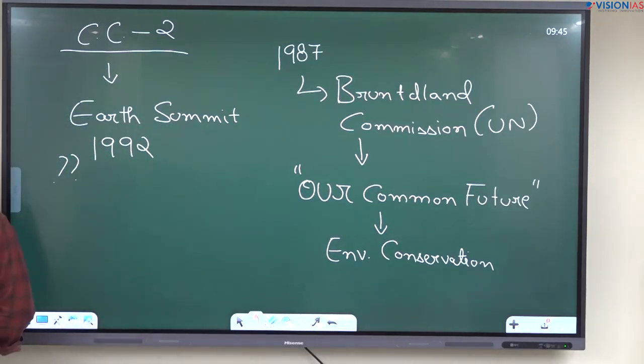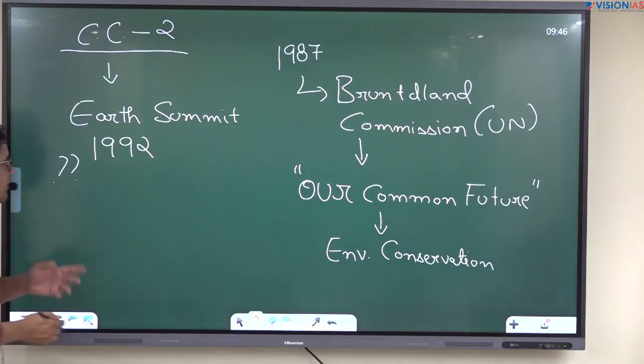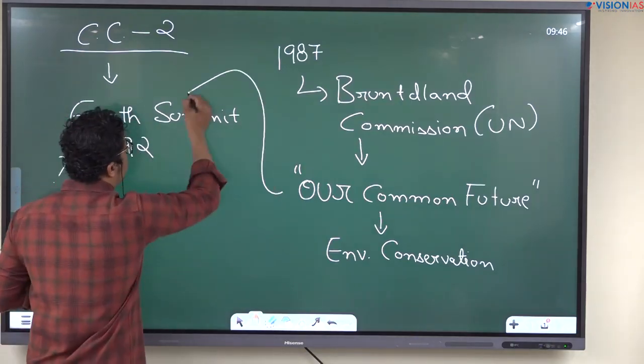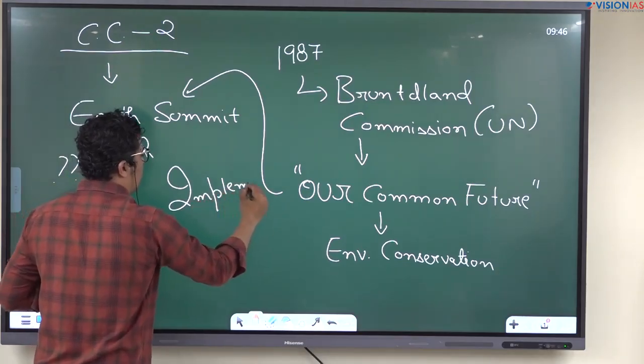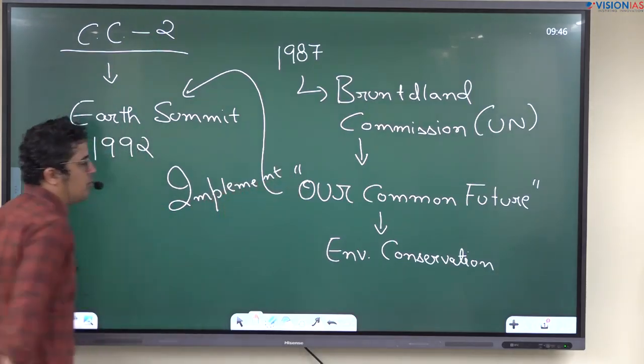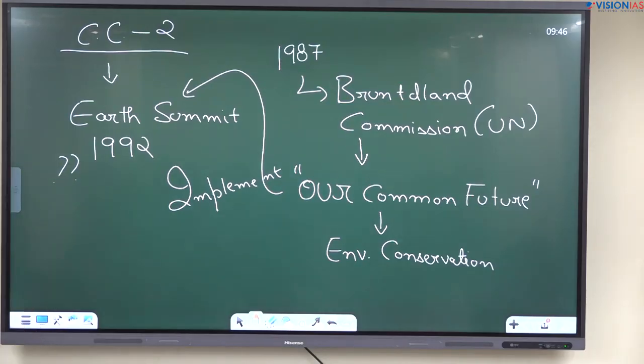It was a very detailed report published by the United Nations. So in 1987, this report was released by the Brundtland Commission. But just releasing a report will not work. You have to implement the report also. Hence, to implement Our Common Future, the Earth Summit was organized by the United Nations.